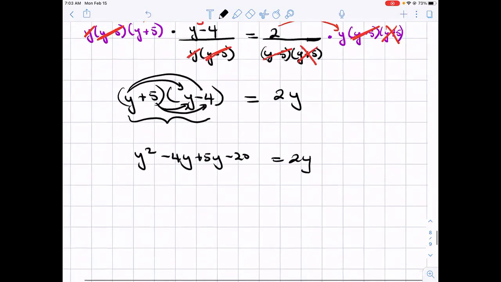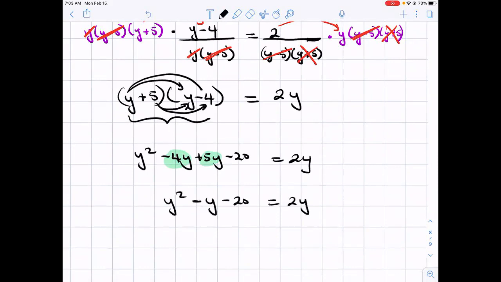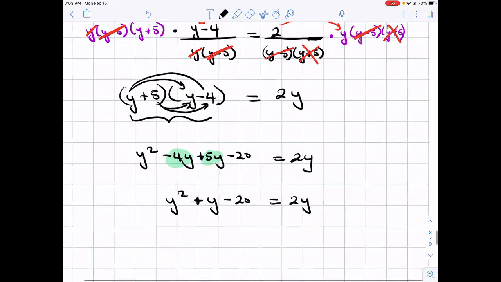And we have some like terms to combine. So we have y squared plus y minus 20 is equal to 2y. Minus 4y plus 5y is plus y.